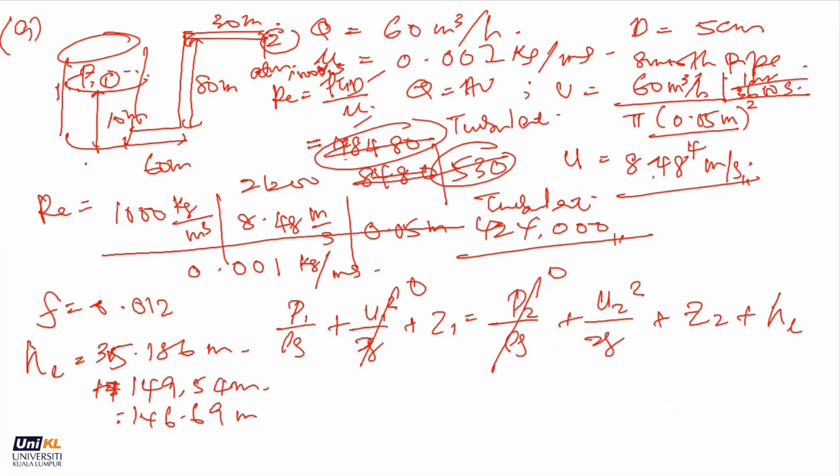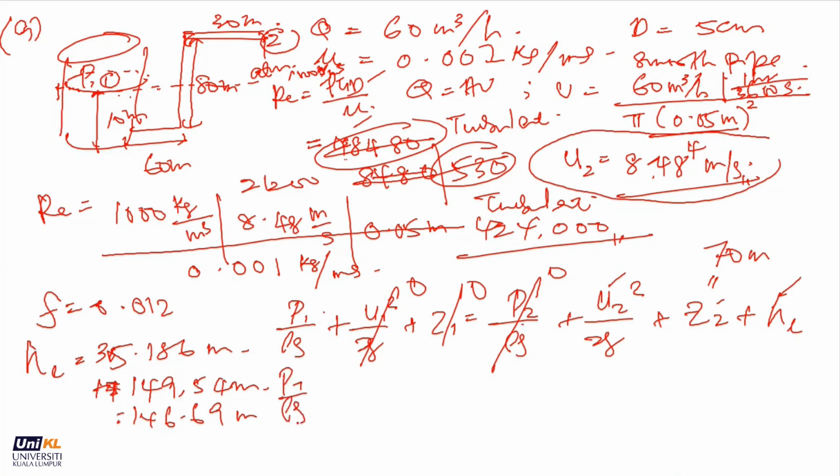And then we select the datum. Okay, let's say we select this one as the datum. So Z1 equals 0, Z2 equals 70 meter.